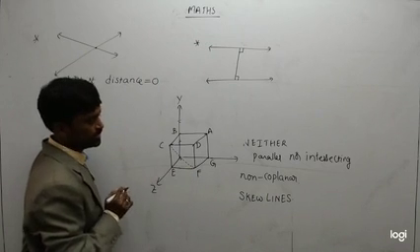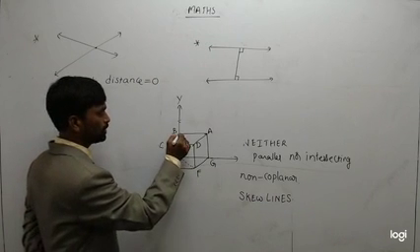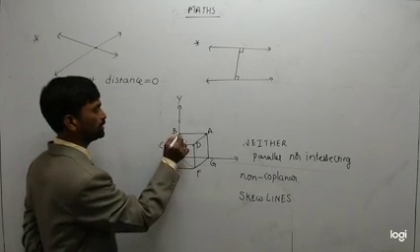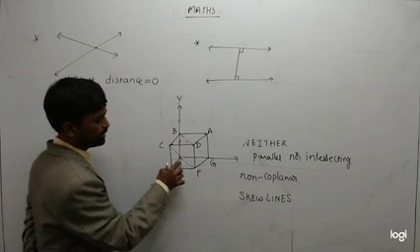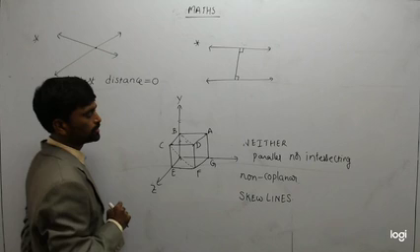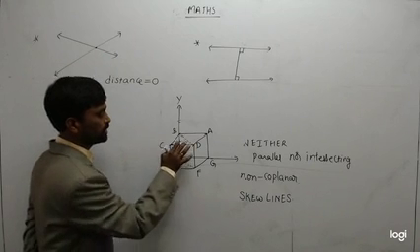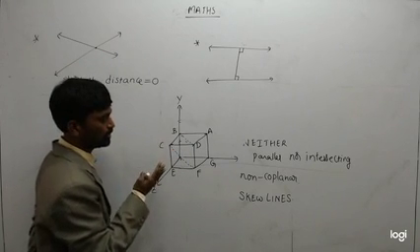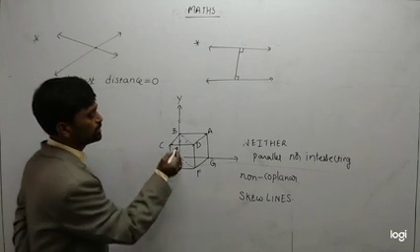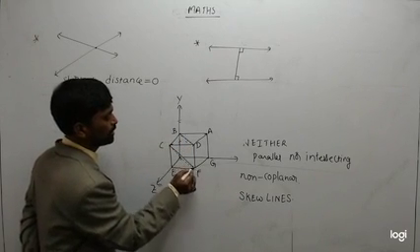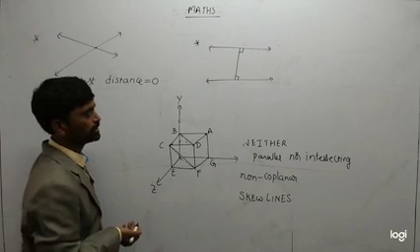Okay, this is CF diagonal, and you consider this BD diagonal. This is the face diagonal, and this is this face diagonal. If you observe, these two diagonals are non-coplanar because they are not lying on the same plane, and they are non-intersecting also. So those lines are what? Skew lines.